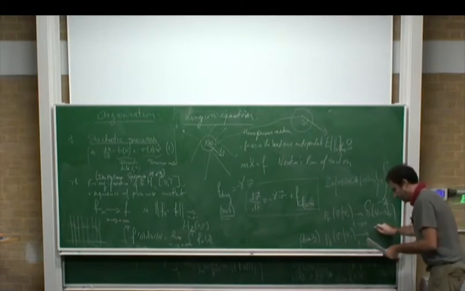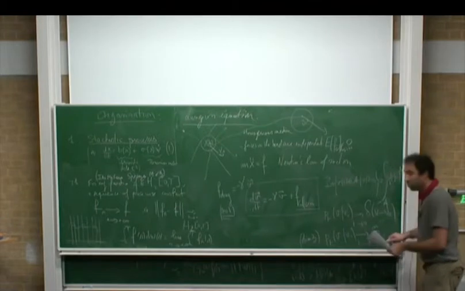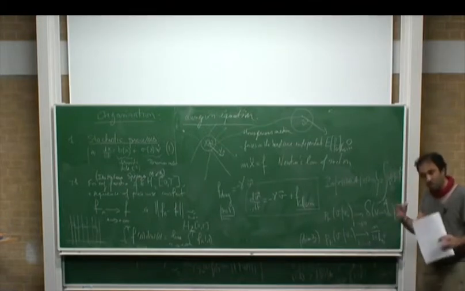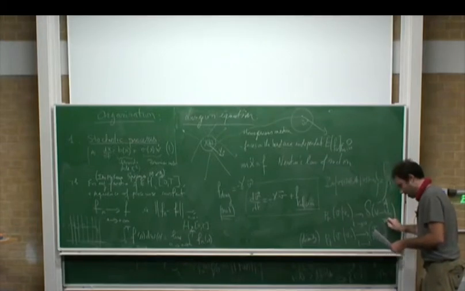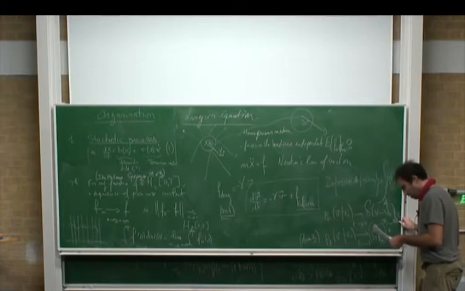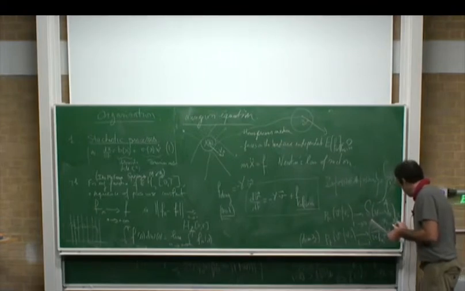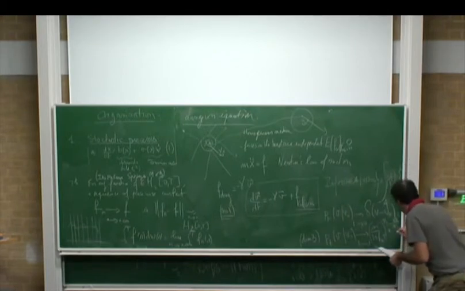So this is m divided by 2 pi kB T, where T is the temperature, which connects to the statistical property of our ensemble, to the power 3/2, exponential of minus m v squared. I think there is a 2 missing here: 2 kB T.